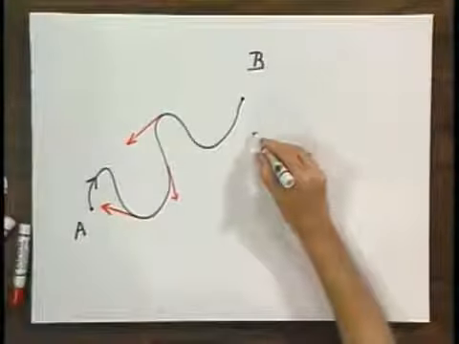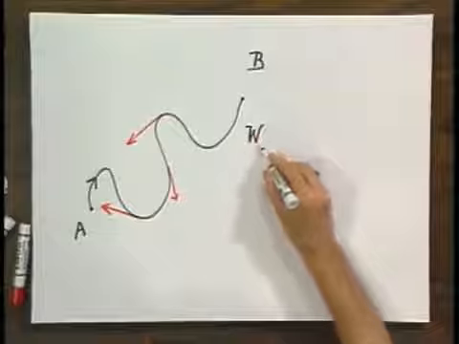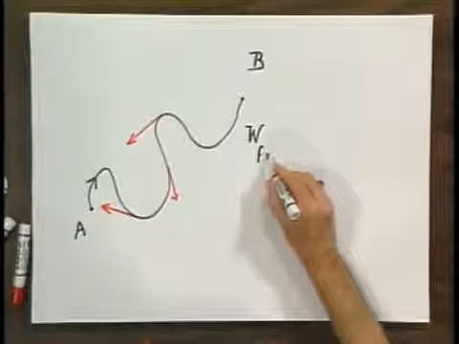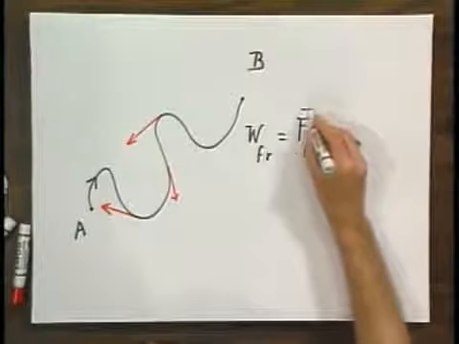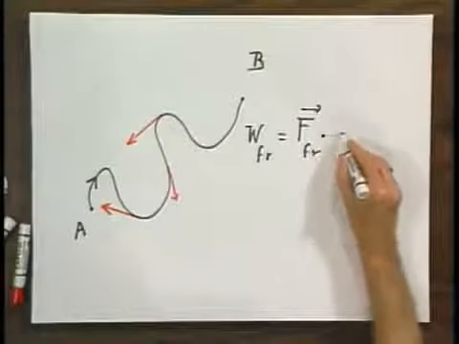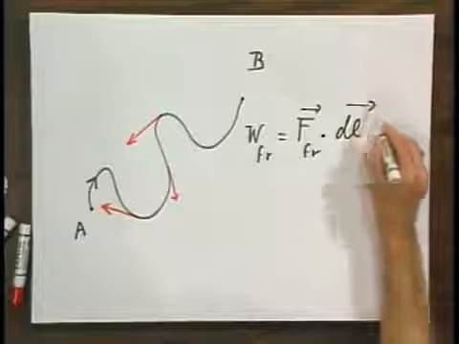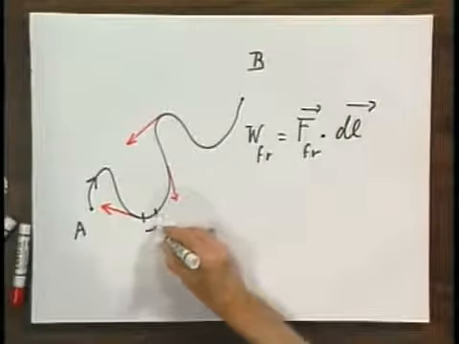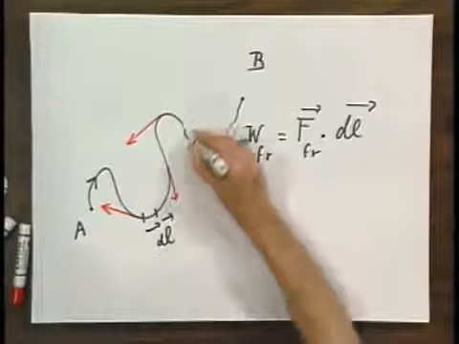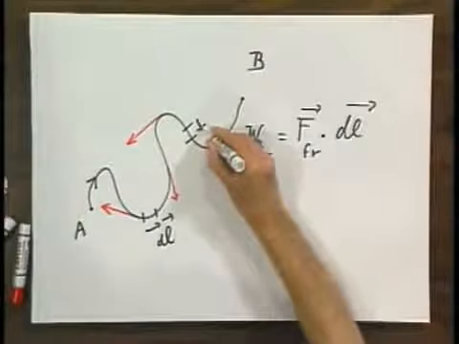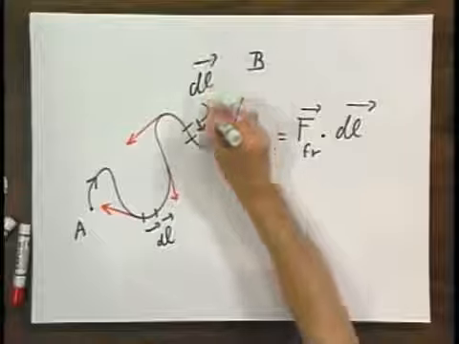The work done by the frictional force is the dot product between the frictional force and dl. This is the path that it takes. This is a little element dl, and here this is a little element dl.